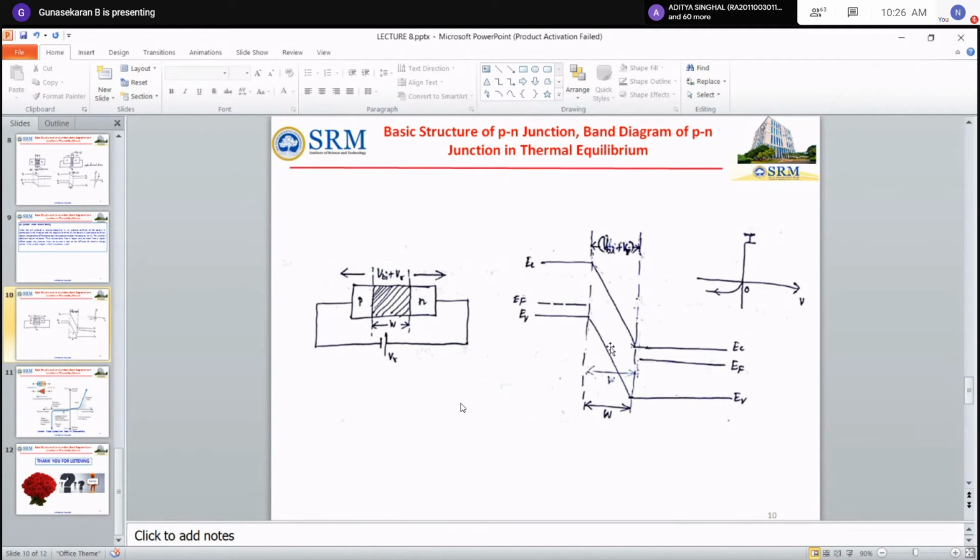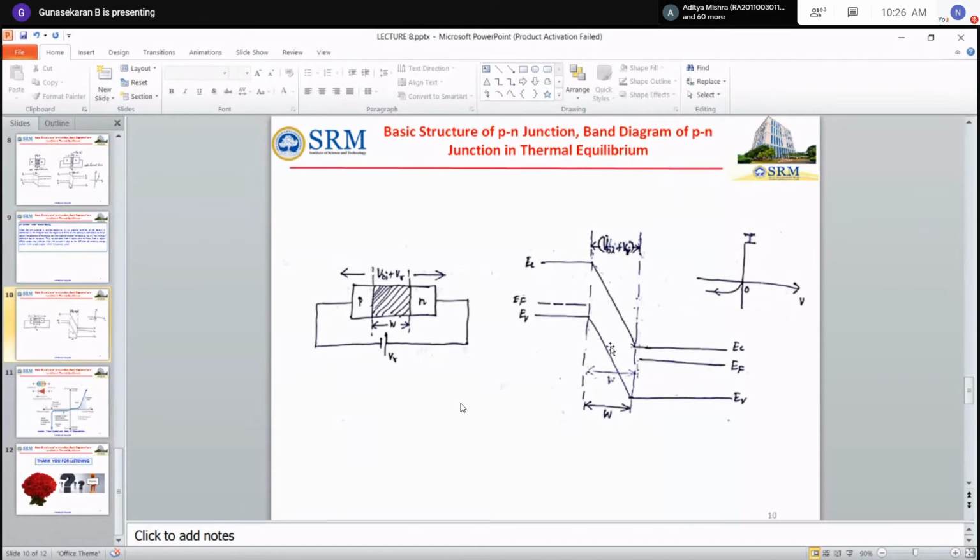With VBI plus VF, as the reverse voltage increases, the region width also increases. There is no way for the electrons and holes to cross the junction because the width of the region has increased.